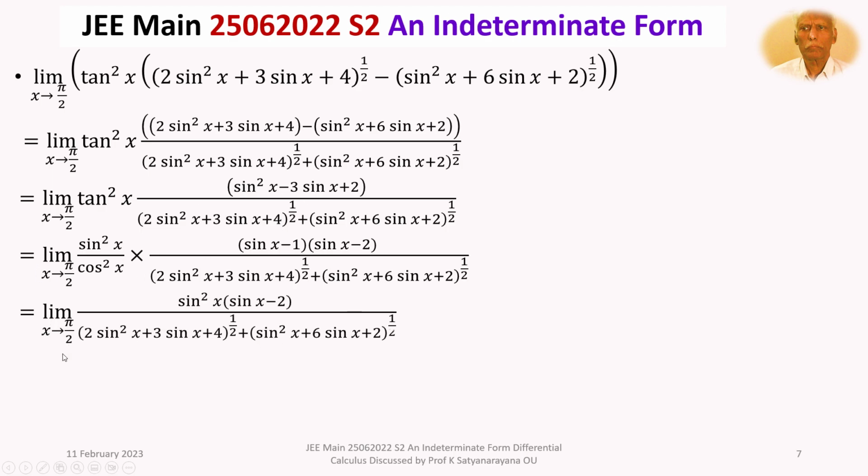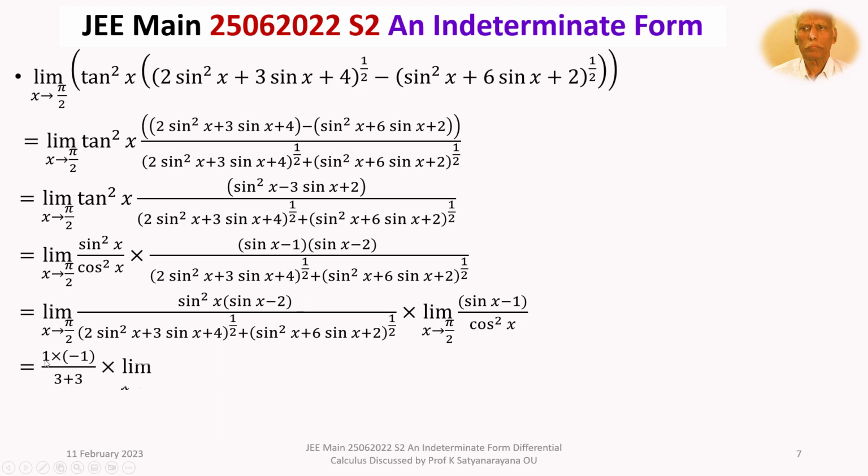These are all the factors which are not 0 as x tends to pi by 2, and we have separated those factors which tend to 0. The numerator tends to 0, the denominator tends to 0, so this is a 0 by 0 form and can be evaluated. Sin square x as x tends to pi by 2 is 1. Sin x minus 2 is 1 minus 2. The denominator is 3 plus 3.